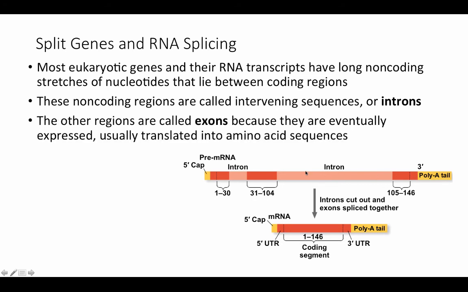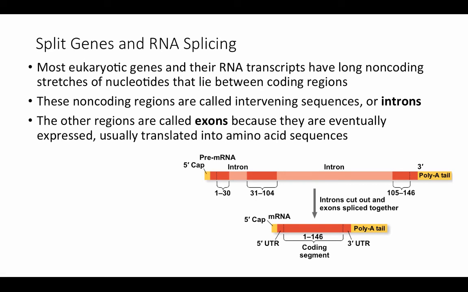The other regions are called exons because they're eventually expressed, usually translated into amino acid sequences. This is very confusing nomenclature because the instinct is to think the introns are in, right? They're going to be in the translated protein, and exons exit or are out. But don't get confused with that.